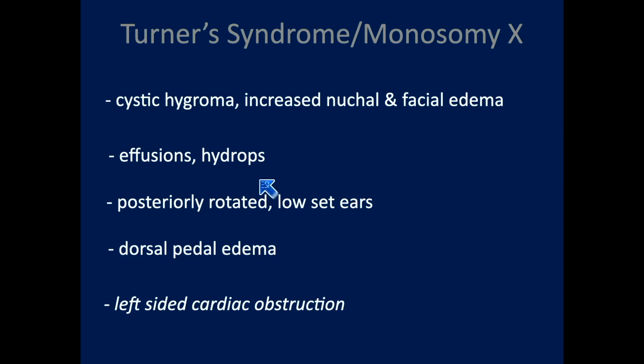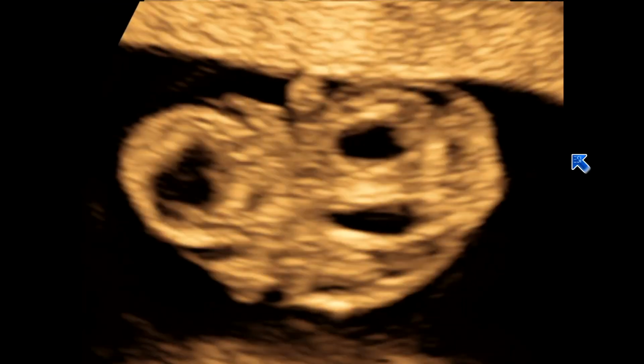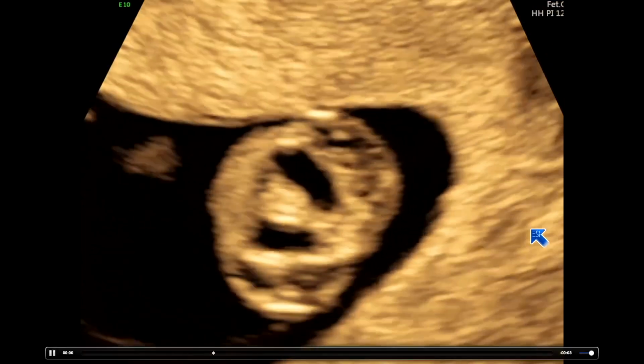It can also translate to that full body spacesuit baby, you know, the baby that looks like the Michelin Man, edematous all over. Effusions, hydrops, posteriorly low set ears, rotated, dorsal pedal edema, and the left-sided obstructions, which are definitely amenable to detection.